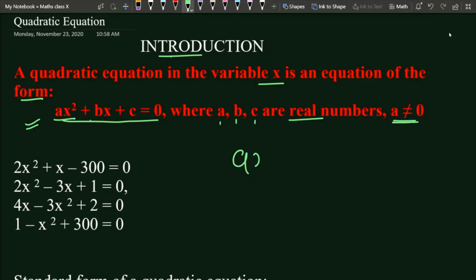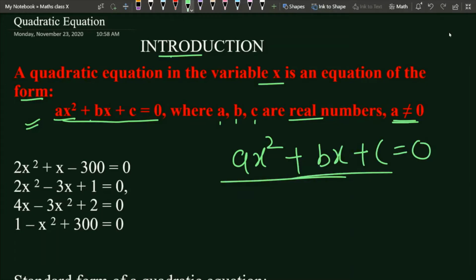This is the standard form, ax square plus bx plus c. When we equate it to 0, we get a quadratic equation where a cannot be 0. What is the meaning of a cannot be 0? It means the equation must have a term of x square.